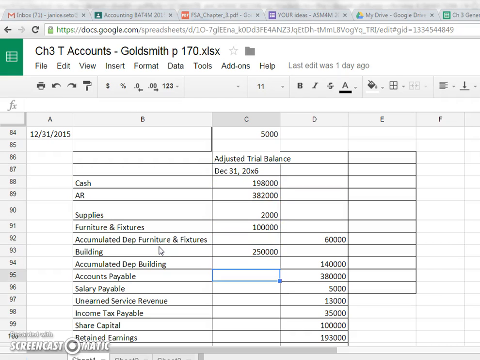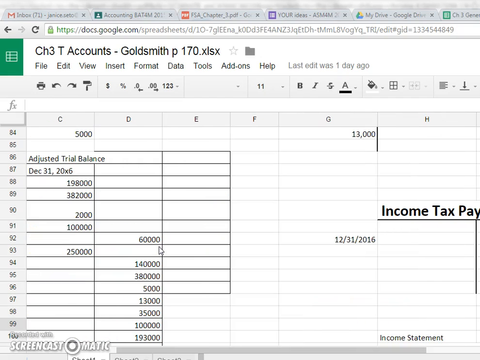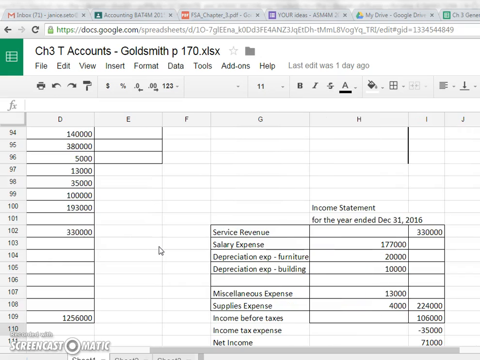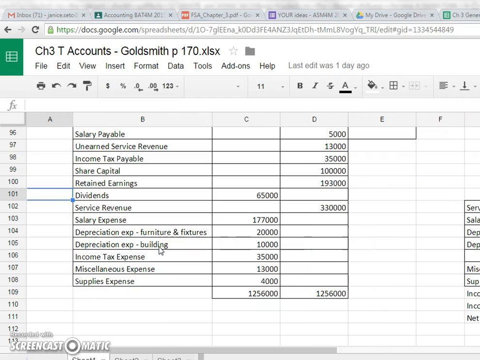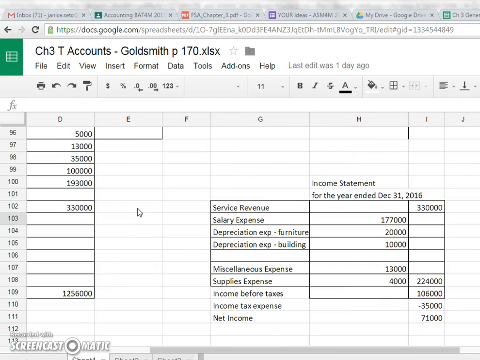Now this video is going to run out of time, so I'll show you at least the income statement. Right, I can get this to show up. There we are. So what we've done to generate the income statement is we have taken this part of the adjusted trial balance, and we basically shifted these figures over to the income statement.